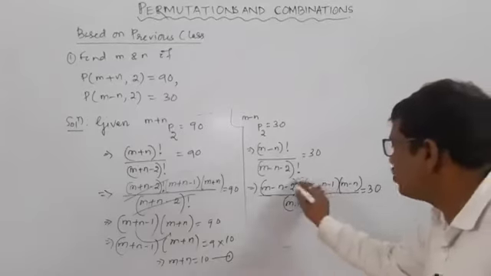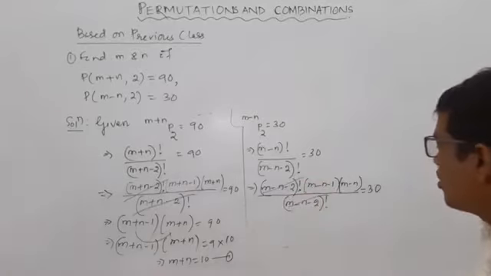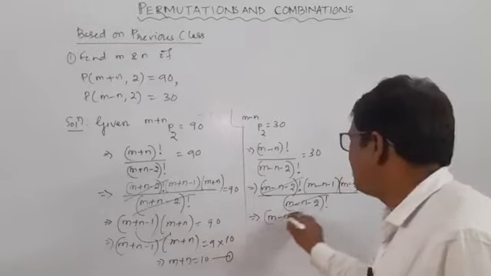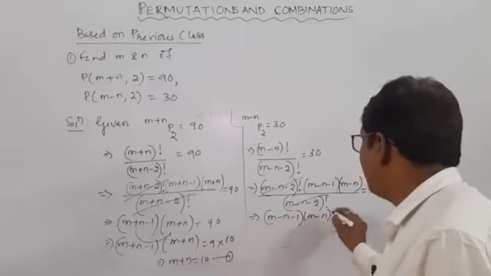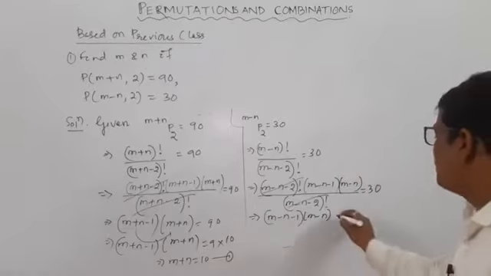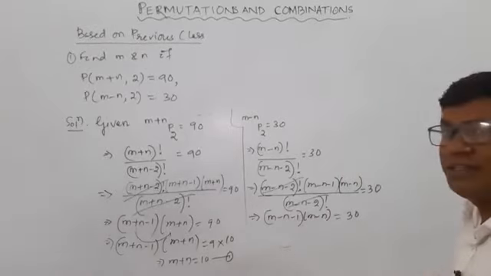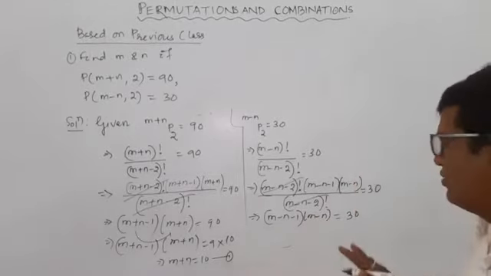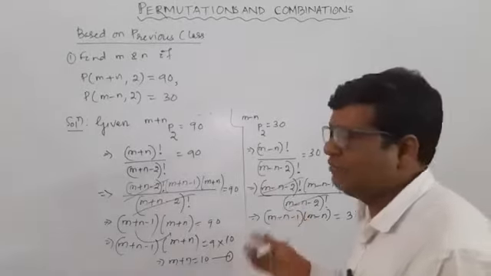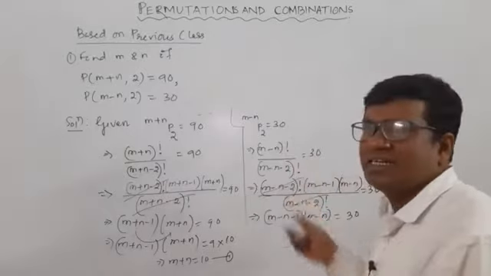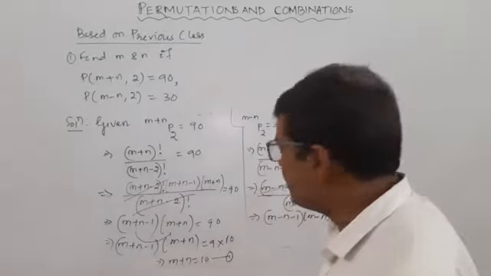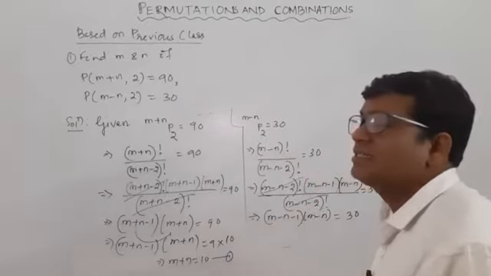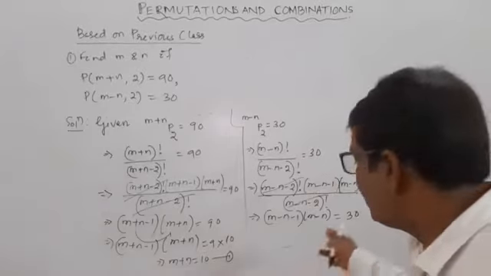Now cancel this term. This is the product of two consecutive numbers, (m-n-1) into (m-n), equal to 30, where the difference is 1. So break 30 as the product of two consecutive numbers, smaller first, that is 5 into 6.